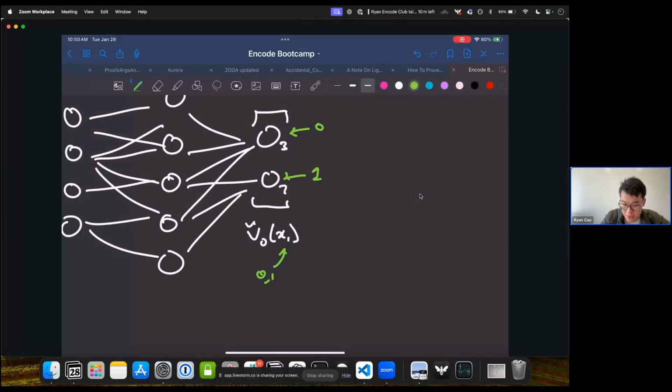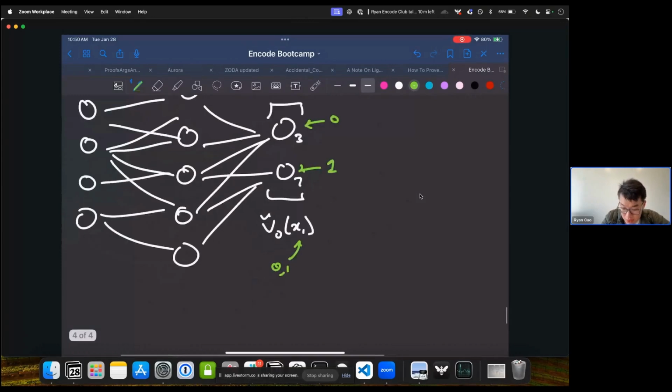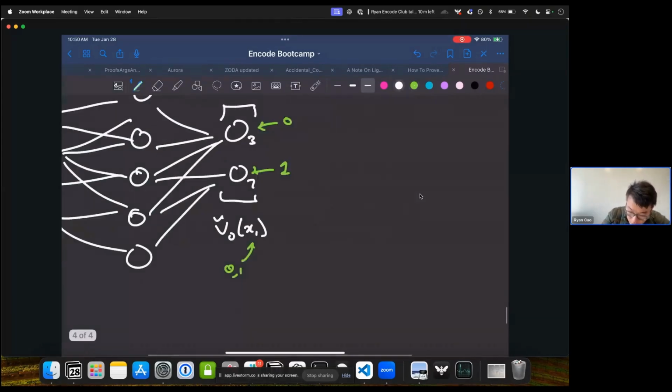And there is a nice polynomial way to do this. So v0 tilde of x1: if x1 is 0, in other words if 1 minus x1 equals 1, then we should output 3. Otherwise, if x1 equals 1, then we should output 7. So this will be the polynomial formula for this particular multilinear extension.